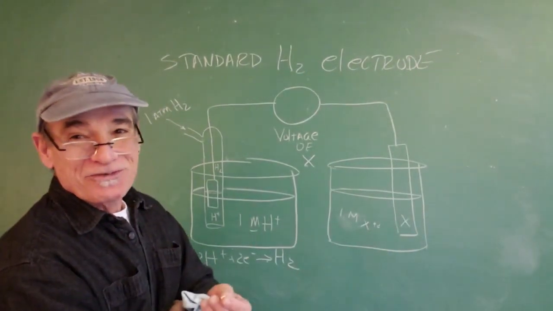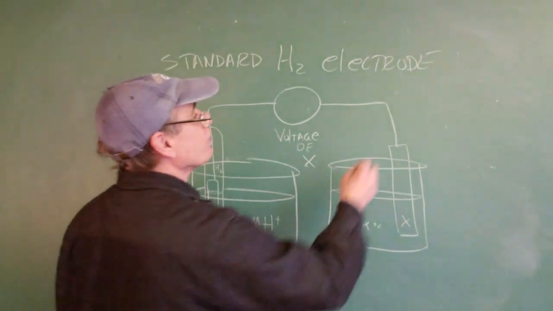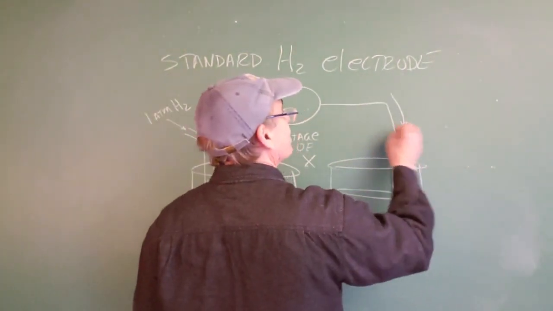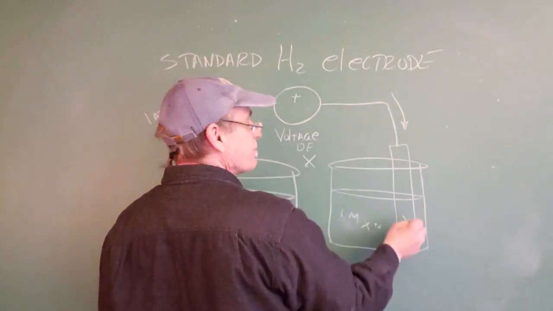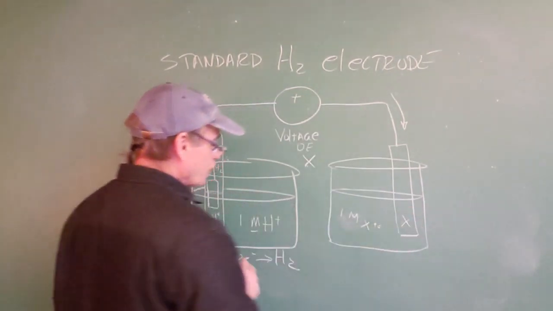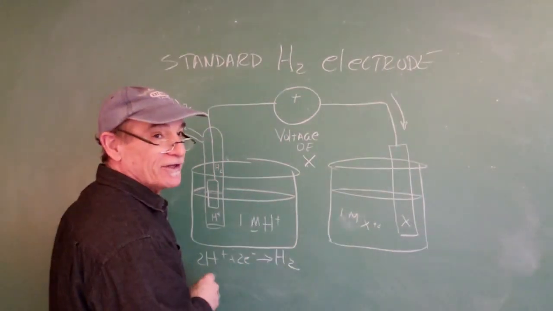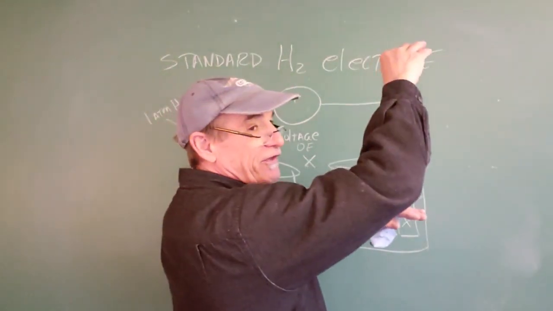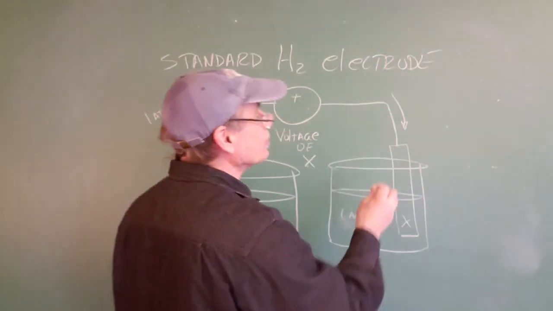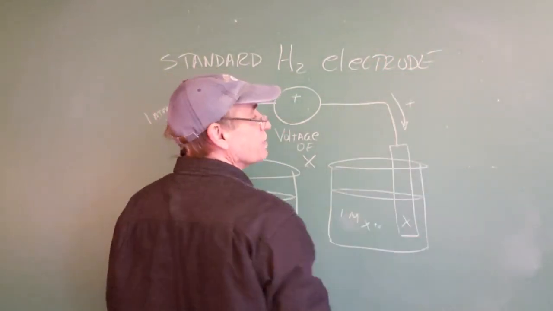All right, well, here's what's interesting. If the electrons flow this way, then we get a positive voltage, and that means that this one likes to be reduced more so than the hydrogen. So it would go above hydrogen on the table in reduction potential, and it would be given a positive value.